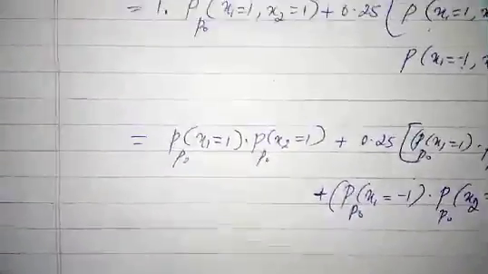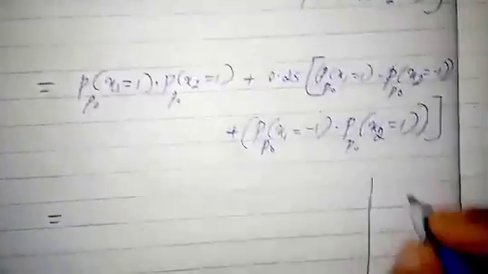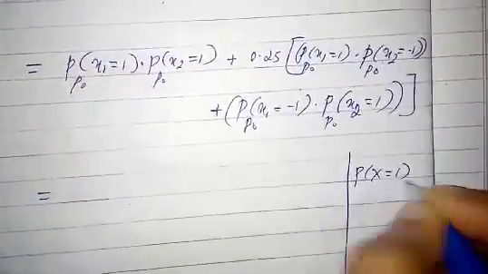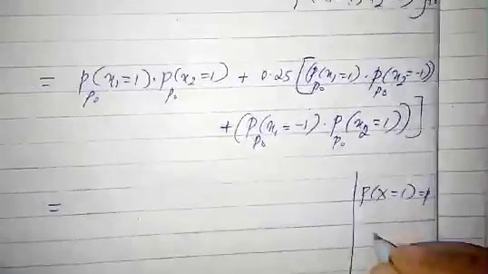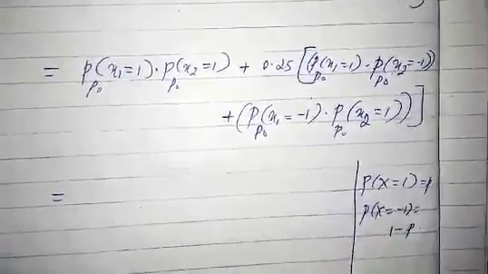Then we know that the probability of x1 equal to 1 is p, small p, and the probability of x equal to minus 1 is 1 minus p.